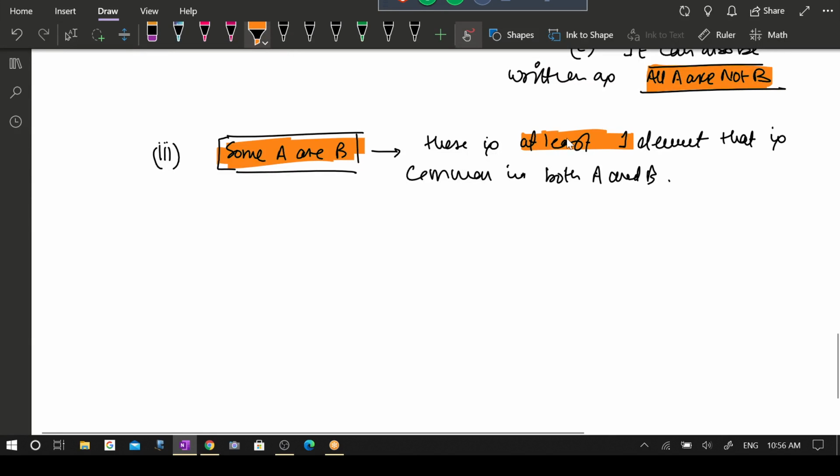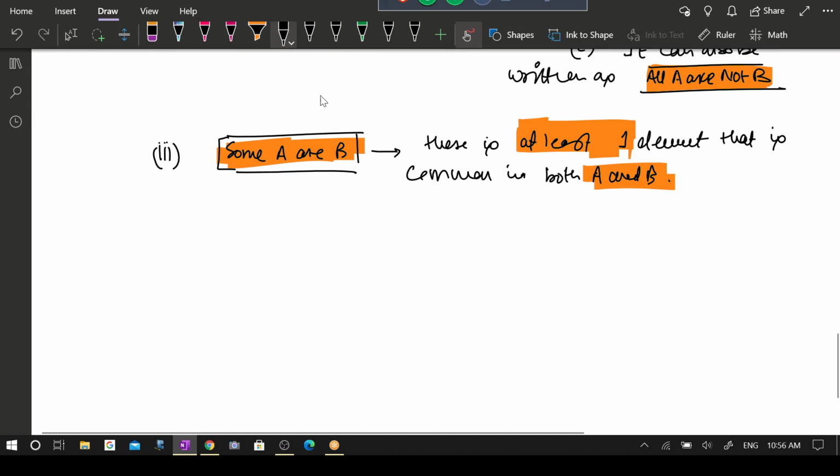There is at least one element that is common in both A and B. And then it makes very good logical sense. There is at least one element that is common between A and B.